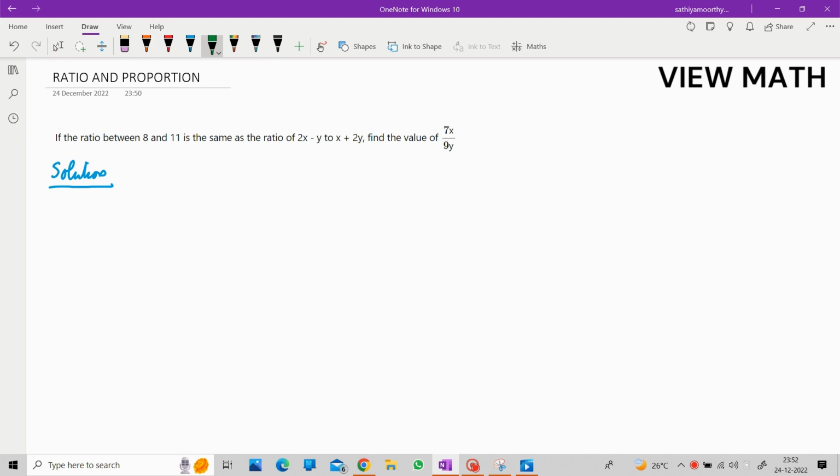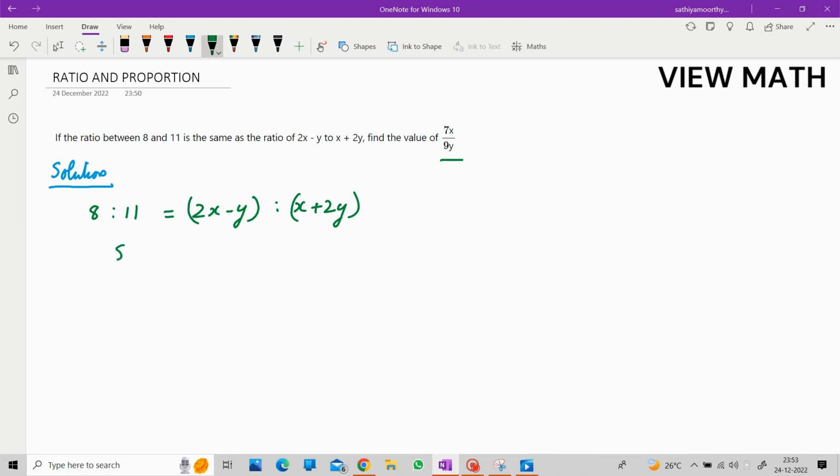So I can write it as 8 is to 11 is equal to 2x minus y is to x plus 2y. They're asking us to find out 7x by 9y. So let me simplify this first.